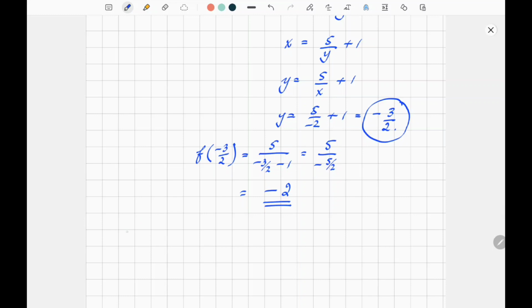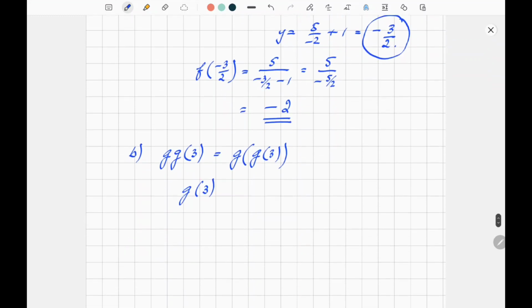Then part B, we want to do g of g of 3. That means putting 3 into g first, getting the result, and then putting that result into g again. So the first thing, g of 3.